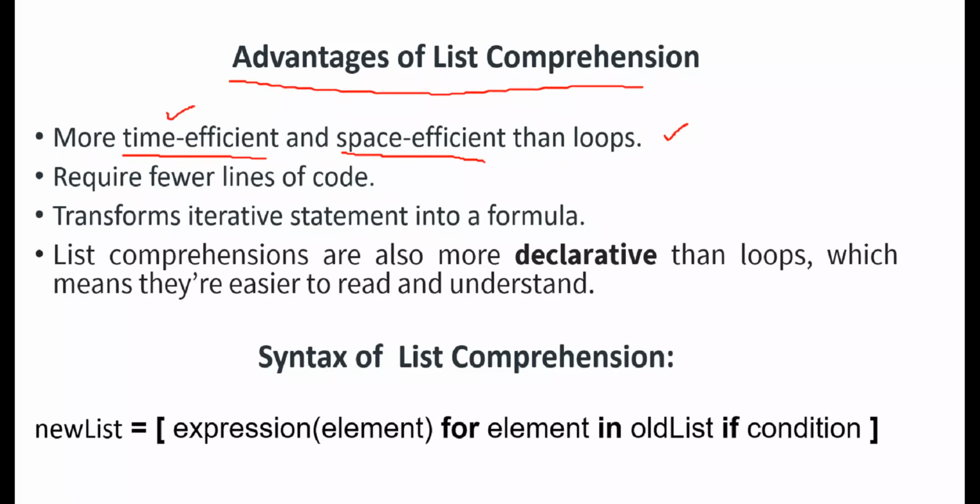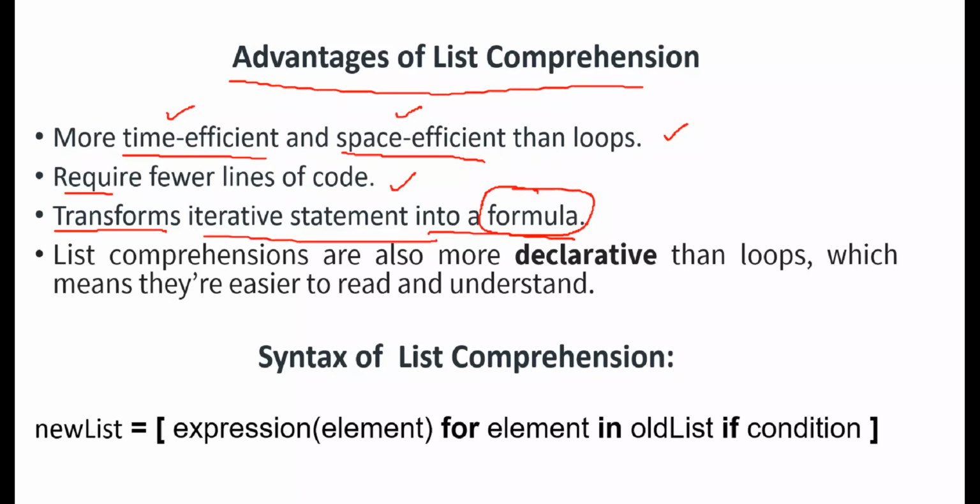Two, it requires fewer lines of code. That means in minimal lines of code, you can implement your logic with the help of list comprehension. Three, it transforms iterative statements into a formula. So we are writing so much code in the iterative statements; you can convert that into a formula.